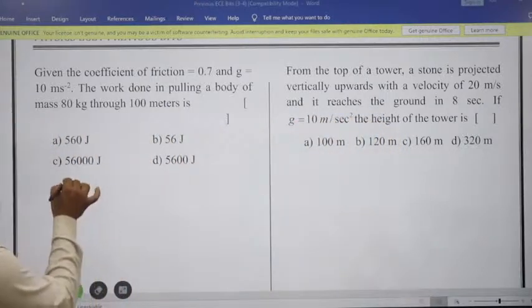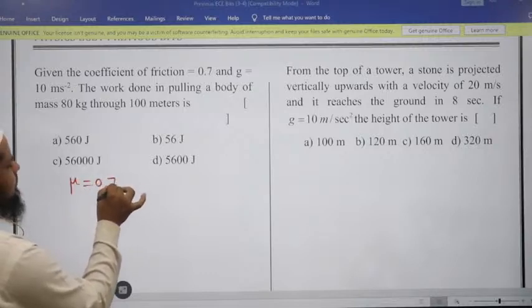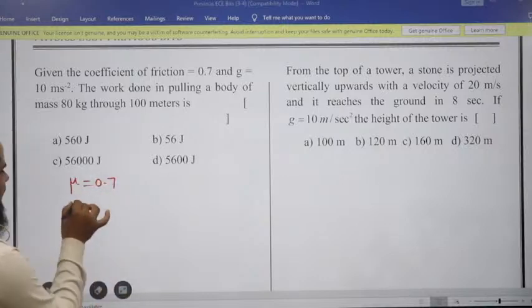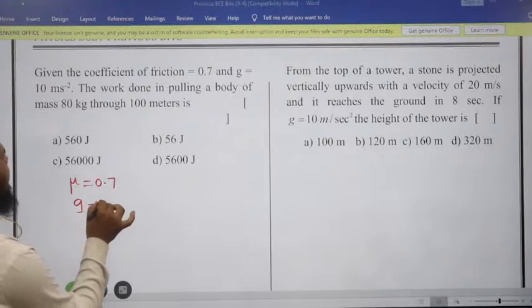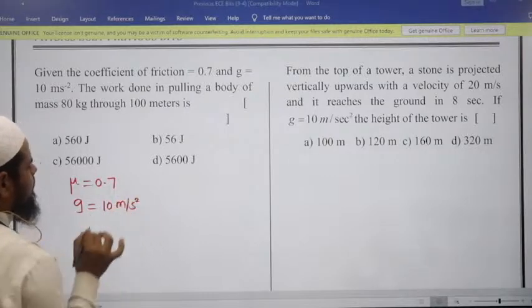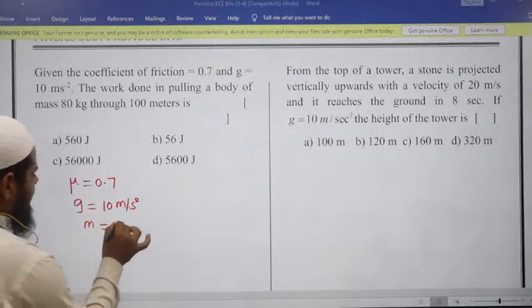He has given that mu is equal to 0.7, g value given as 10 meter per second square, and mass is given as 80 kg.